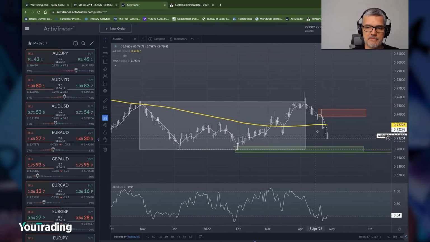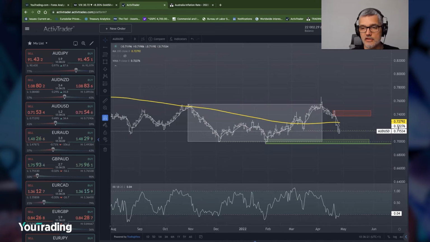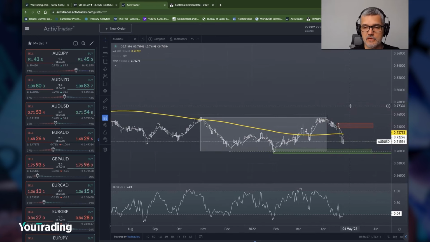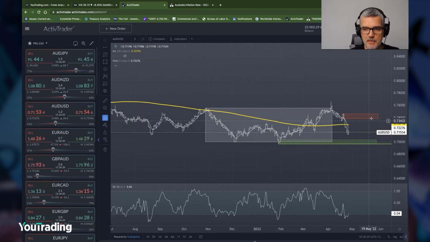So possibly going to go sideways for a lot longer whilst the Australian dollar is strong because of high commodity prices and inflation, and also US dollar is strong because of what's happening over there. So at the moment, no signal, no trade to make on Aussie US dollar, though the trend is starting to look intraday to the downside.